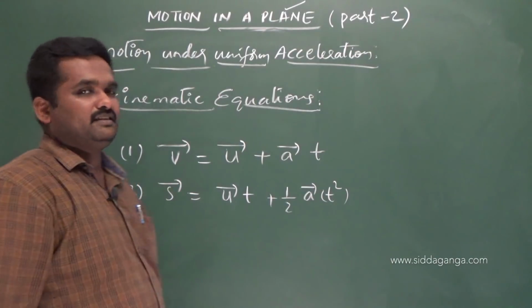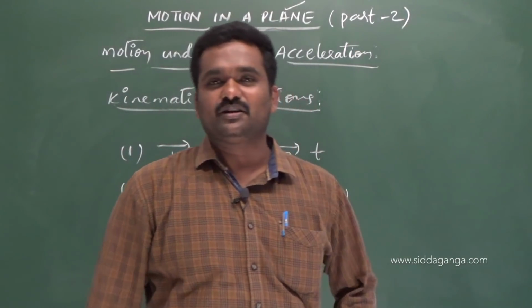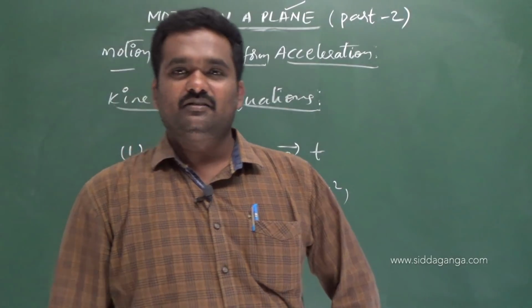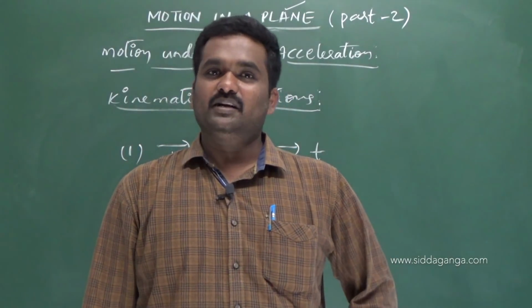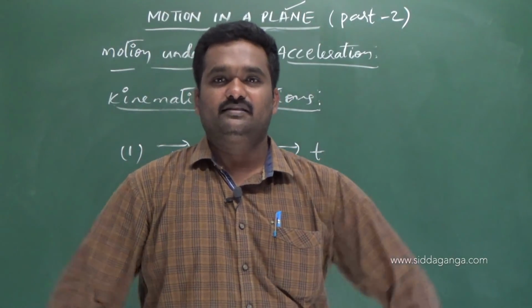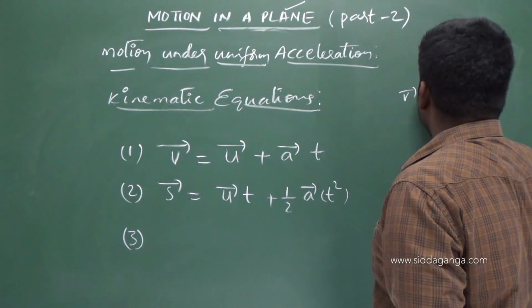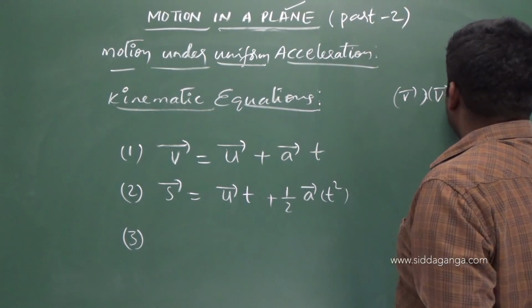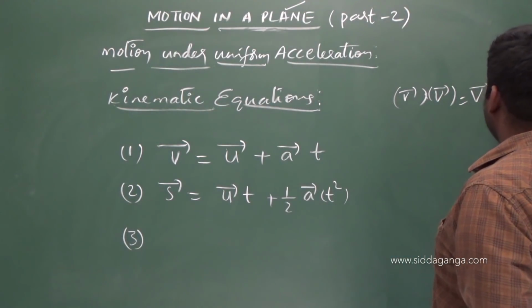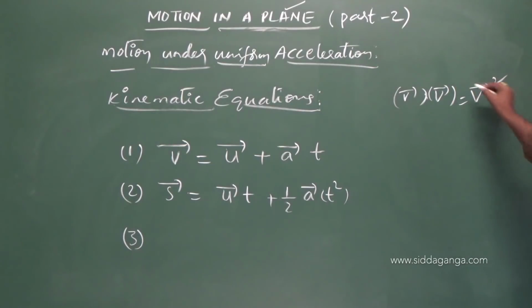v square is there; you can't write just v bar square here. Why? Because you are already aware of multiplication of vectors. Can we multiply two vectors like this, v bar into v bar is v bar square? Is this a valid equation? This is just meaningless.